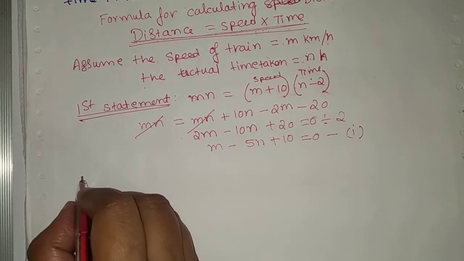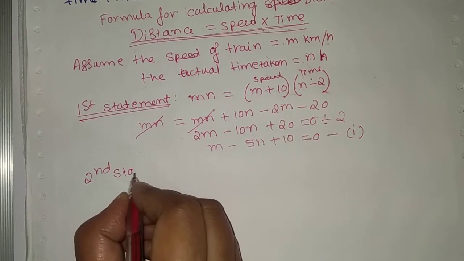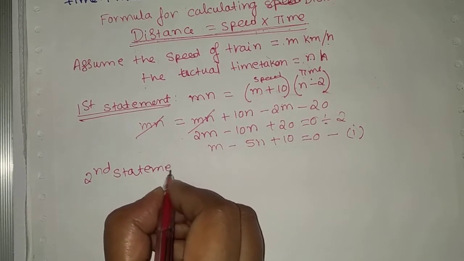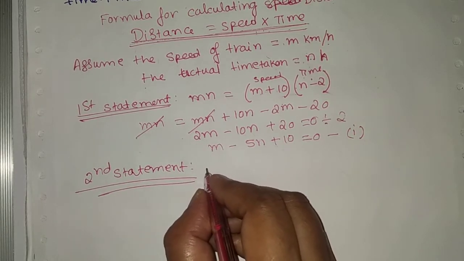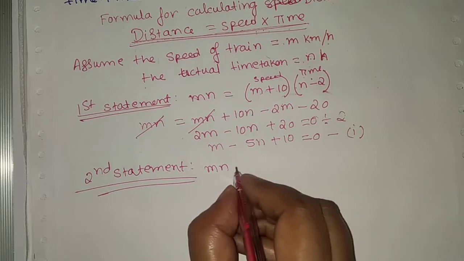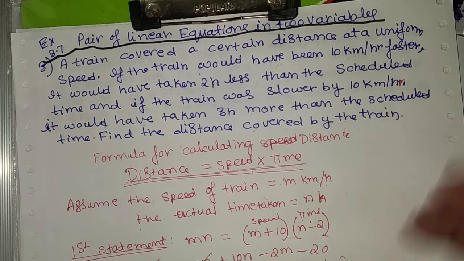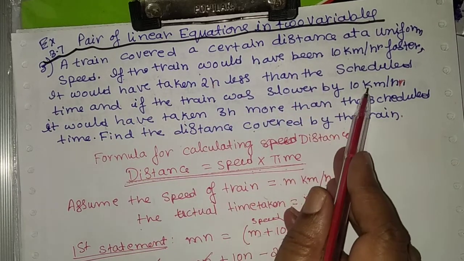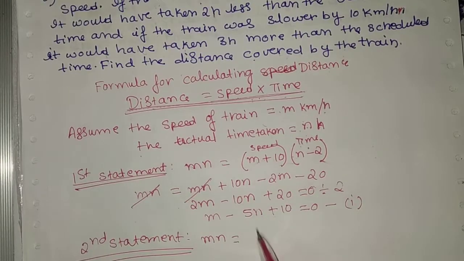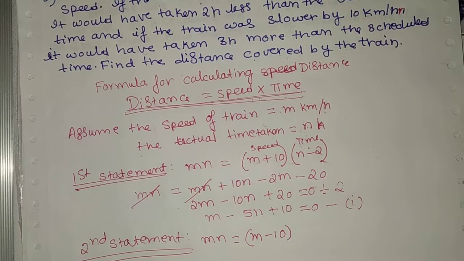The next step is the second statement. First we take speed into time, m into n is equal to, see the second statement in the question: if the train is slower by 10 km per hour, the speed is m minus 10.